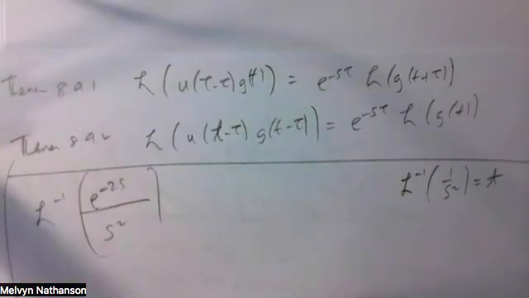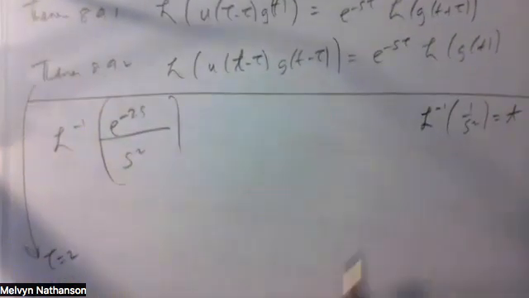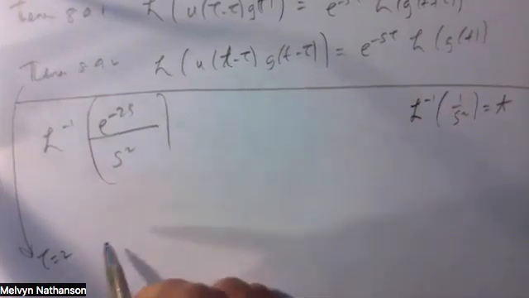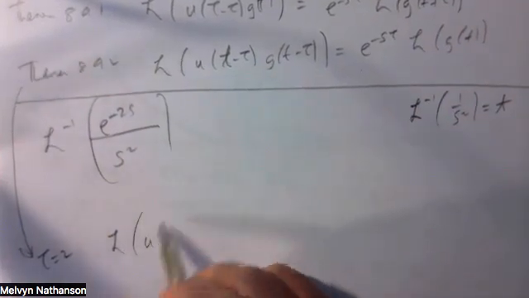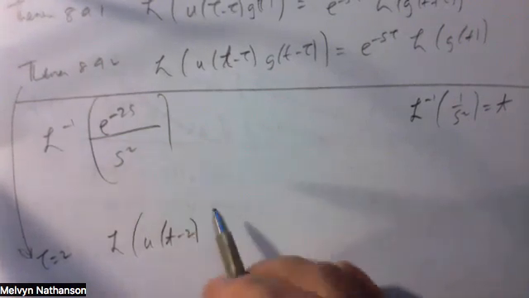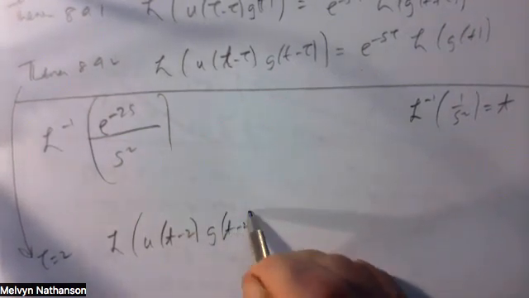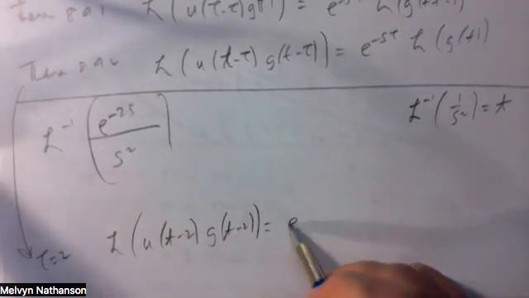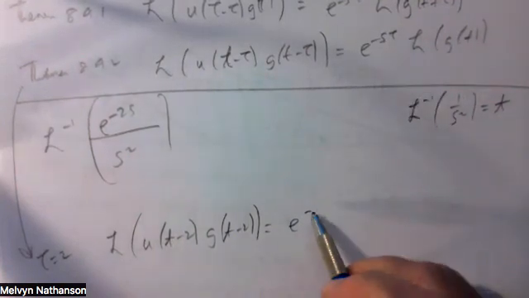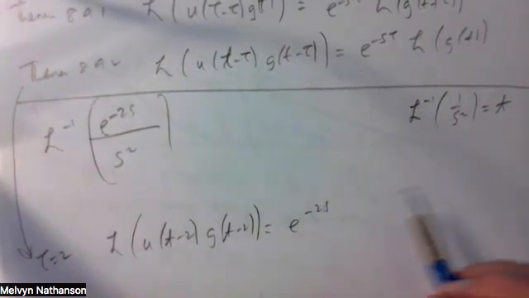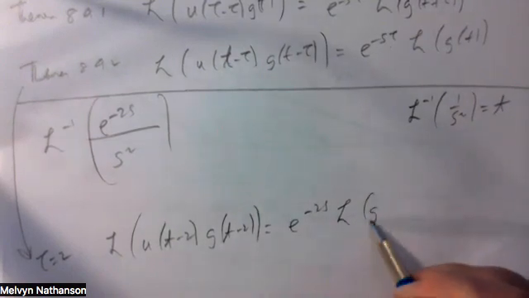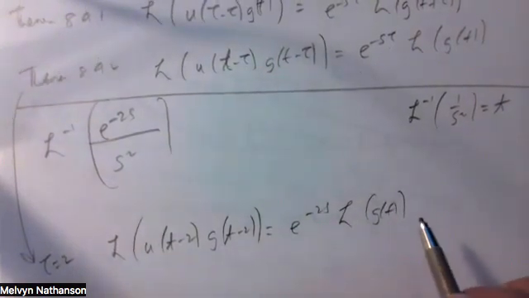Suppose I let tau equal to 2. By putting tau equal 2 in this formula, it says the Laplace transform of U of t minus 2, G of t minus 2, is equal to e to the minus 2s, Laplace transform of G of t.